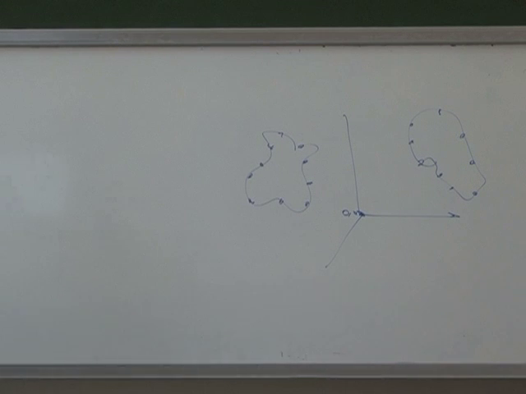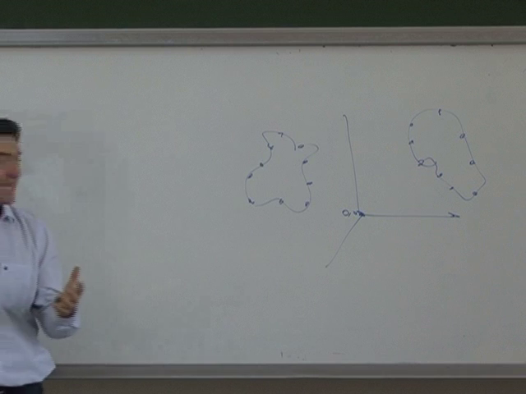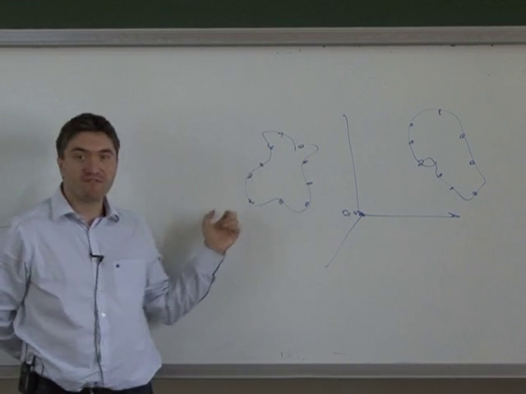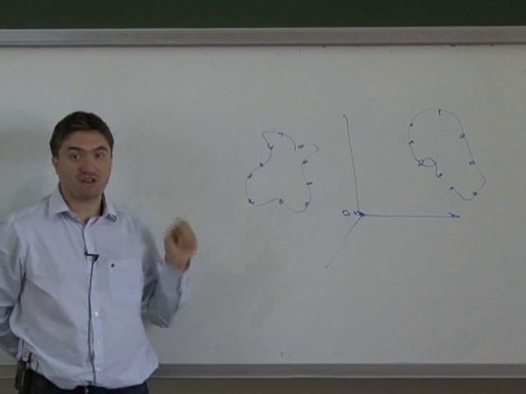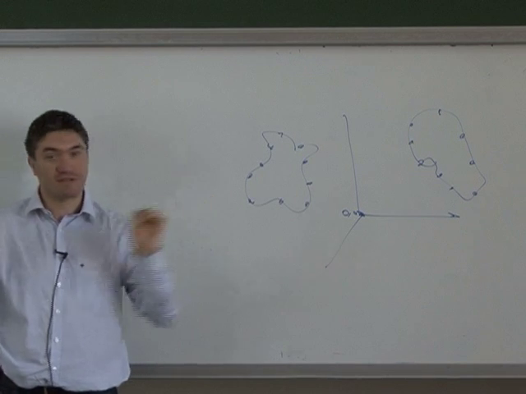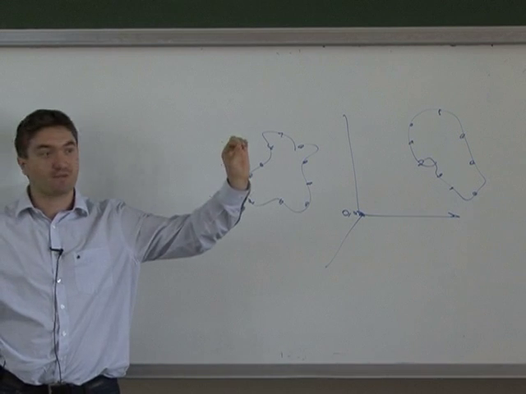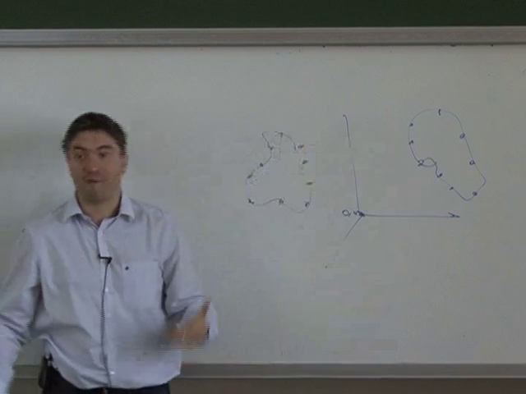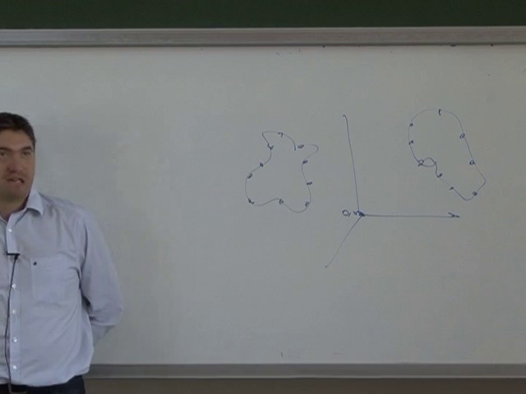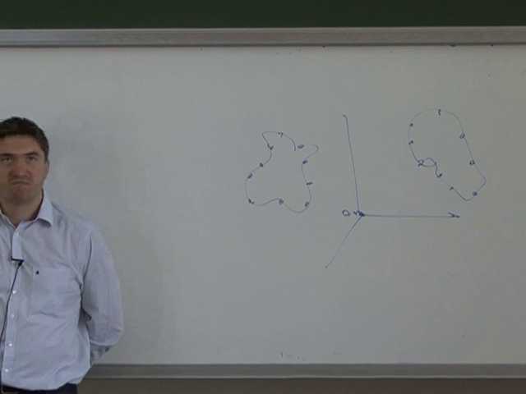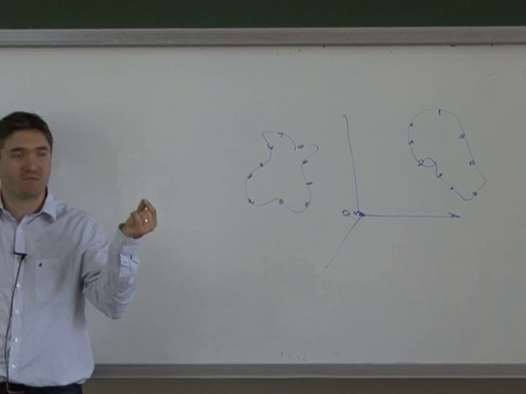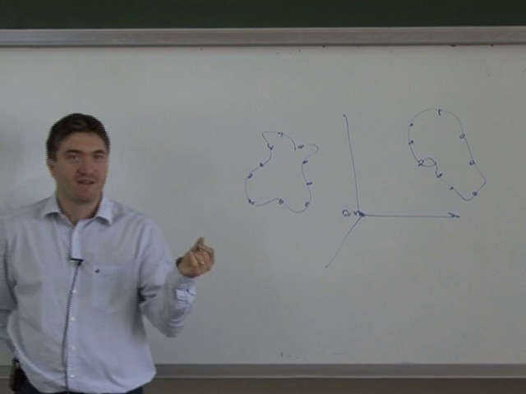Like the diameter, meaning the distance between the points which are farthest away from each other. That distance is going to be the diameter. Diameter is a single number, a scalar.